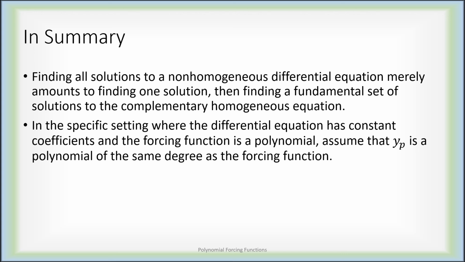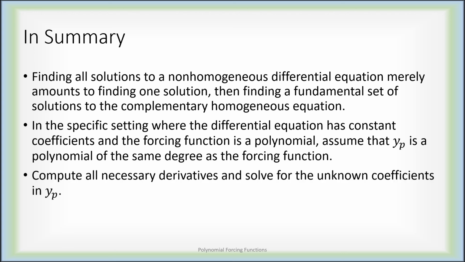In the specific setting where the differential equation has constant coefficients and the forcing function is a polynomial, we can assume that y sub p, the one particular solution, is also a polynomial and of the same degree as the forcing function. Then you compute all necessary derivatives, you throw it into the differential equations, and you compare to the forcing function. This will allow you to solve for the unknown coefficients in the particular solution yp.